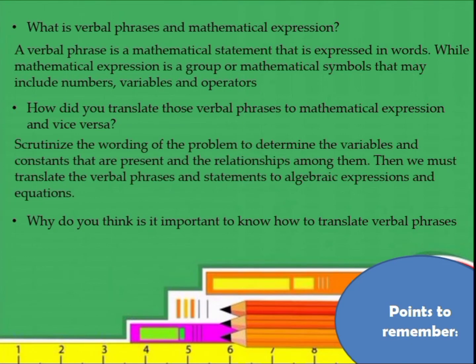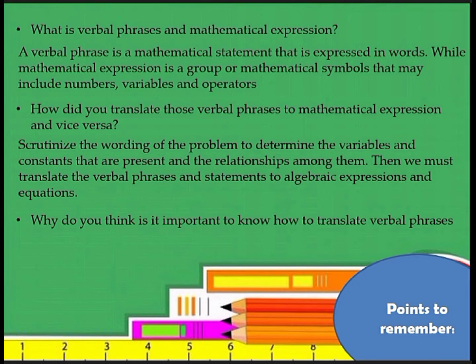So, scrutinize the wording of the problem to determine the variables and constants that are present and the relationship among them. Then, we must translate the verbal phrases and statements to algebraic expressions and equations.